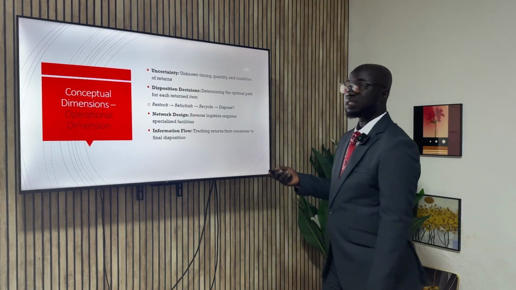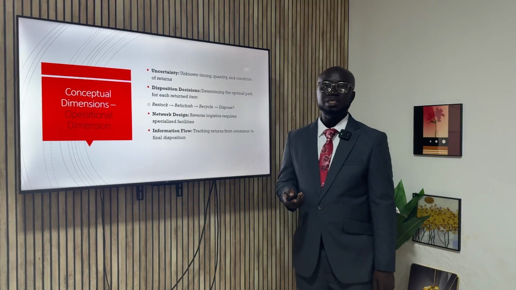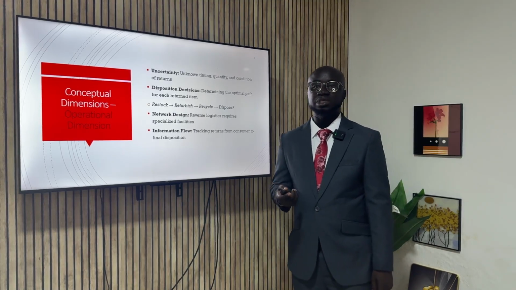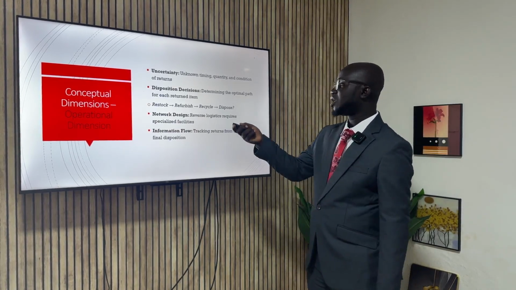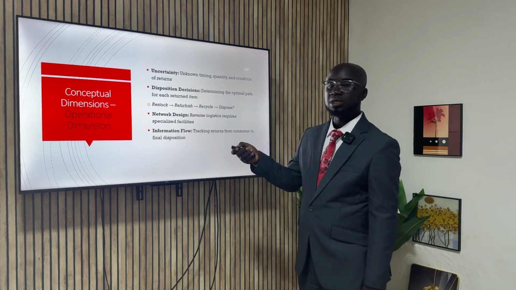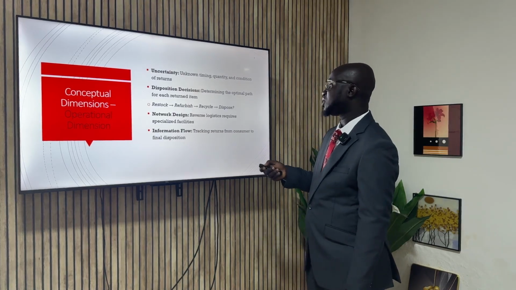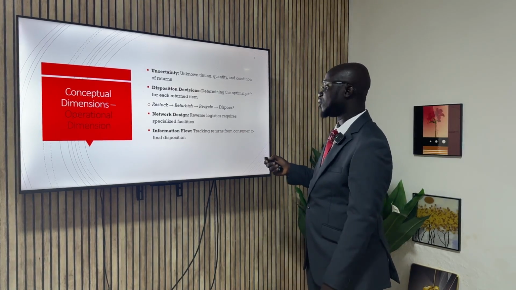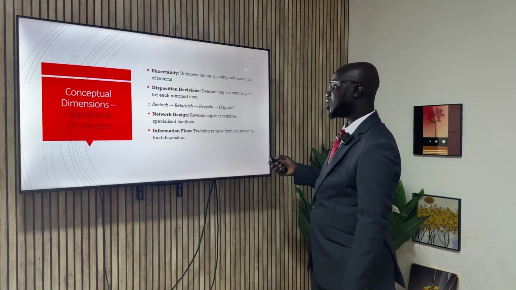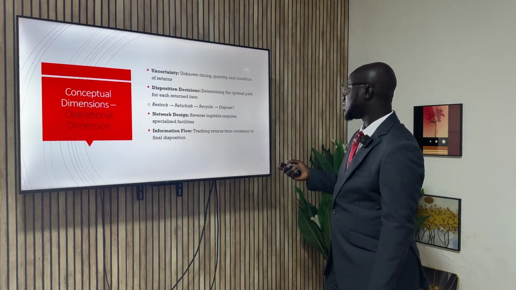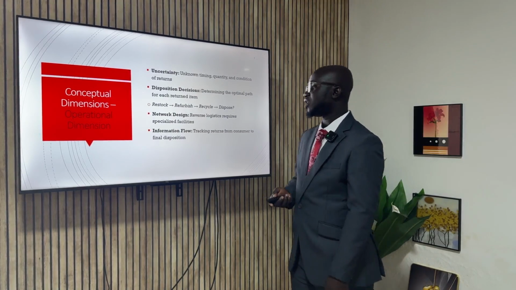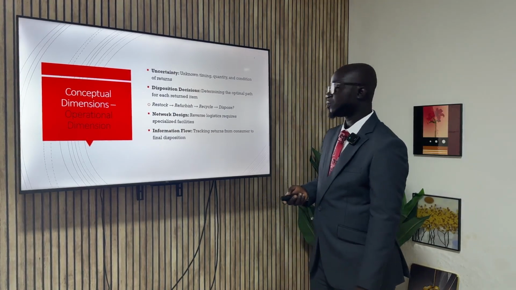The key is making rapid disposition decisions: we look at whether an item should be restocked, refurbished, recycled, or disposed of. So we mostly look at information flow, where we track returns from the consumer to the final disposition.